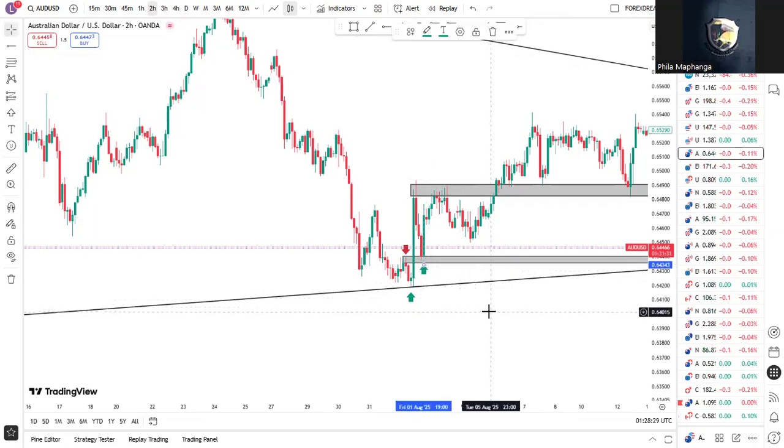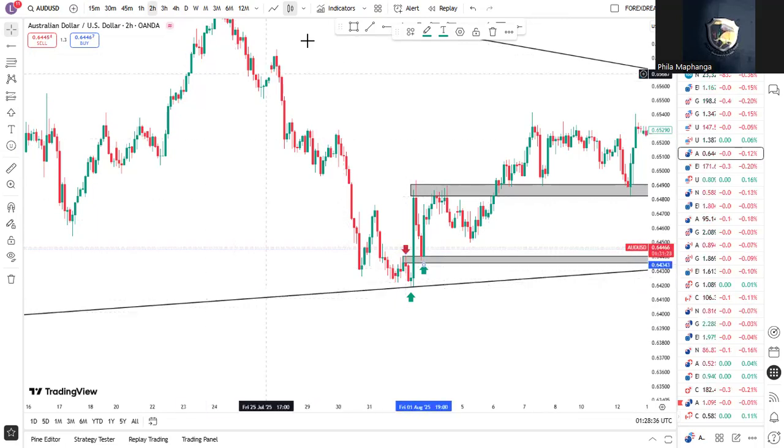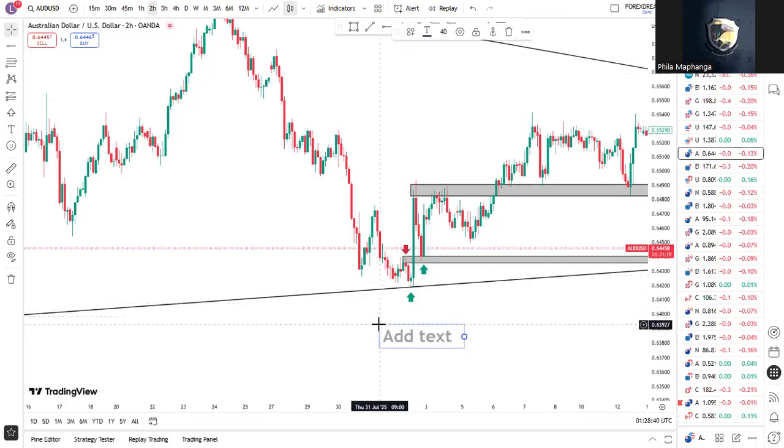If that is our fresh support, that means when the market comes back to the trend line, it's supposed to match with this. So we're supposed to get a support that was broken. Let me add here a support that was broken.